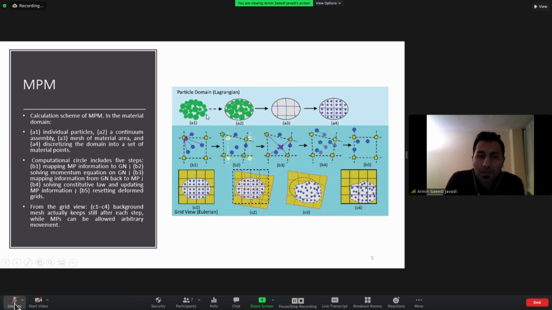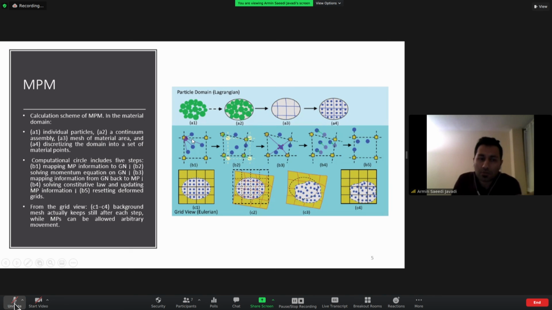When we have individual particles, we need to turn them into a continuum assembly. And after that, we need to discretize it into some elements. And in our method, we need to discretize it into some material points. Then we go through our computational cycles. First, we need to map material points information, as you can see on B1, to our grid nodes.